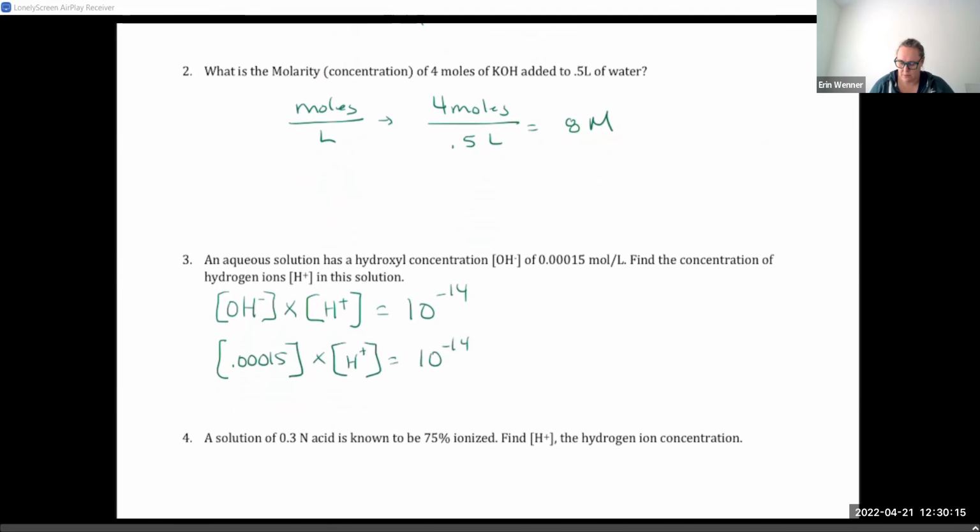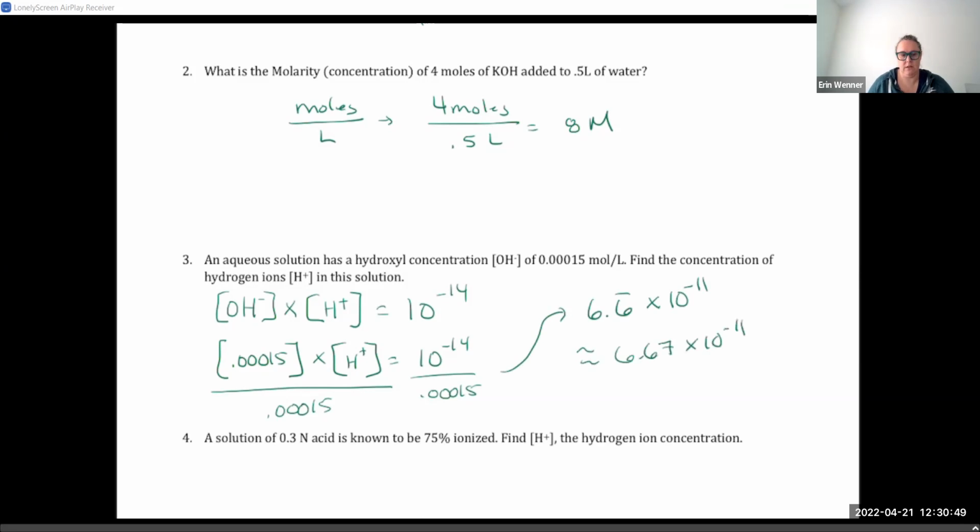To solve for this, we're going to divide both sides by 0.00015, which gives us 6.6 repeating times 10 to the negative 11th. So we can round that to 6.67 times 10 to the negative 11th.